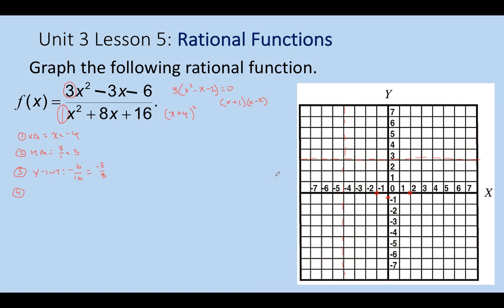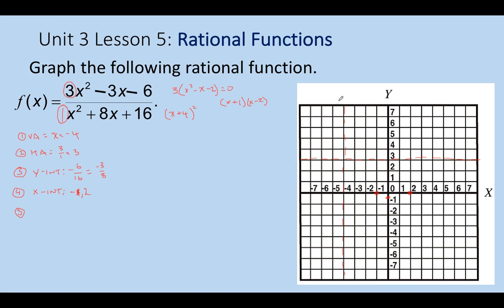So the next step, step 5, we got x-intercepts at -1 and +2. We need to know if we cross our horizontal asymptote at all.